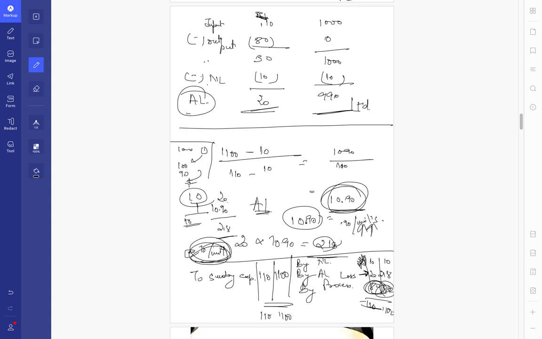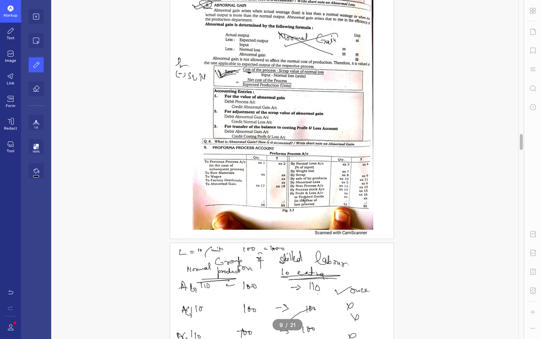You may either transfer it to next process or inventory depending upon whatever production pattern the factory has to follow. If the factory requires this to go under additional processing, then you transfer the 90 units there. Or if this is finished stock, you transfer it to inventory or finished stock account or sale account, or whichever condition is given in the question. So you may transfer 90 here or 90 there. There is a very slim possibility that you will have both next process and a process stock account.